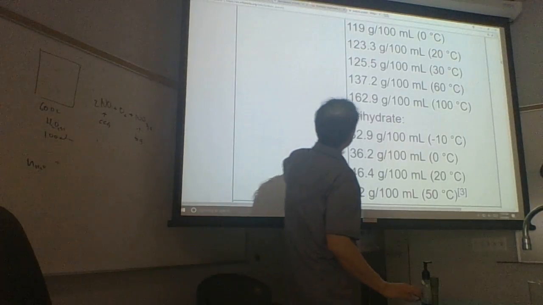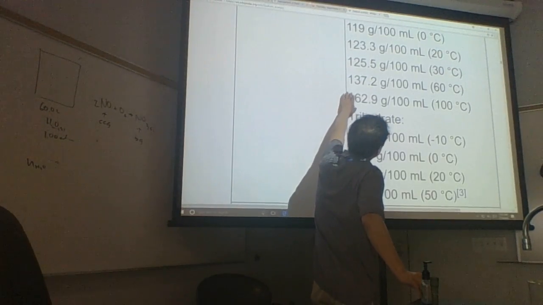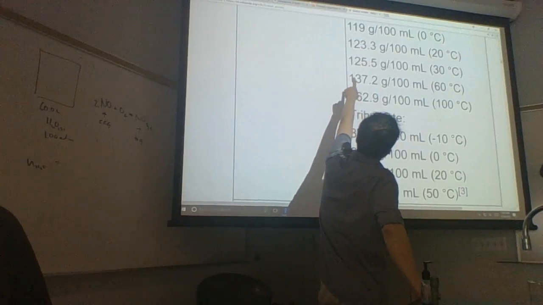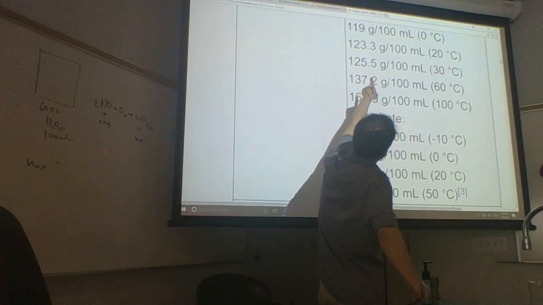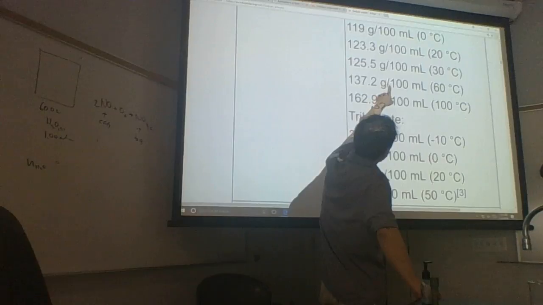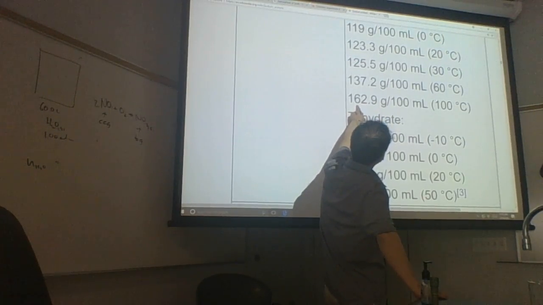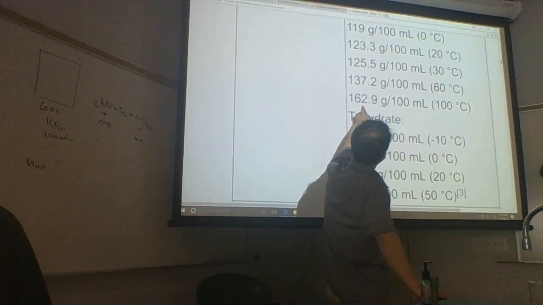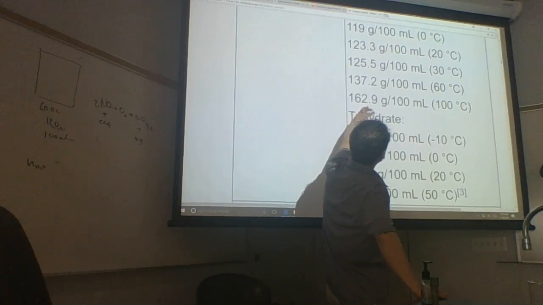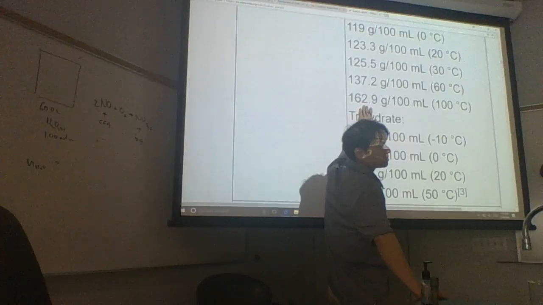At room temperature, around 20 degrees, we could dissolve 123 grams of sodium acetate per 100 milliliters. But if we warm it up to close to 100, you could dissolve 162. And so we're going to have like 40 grams too much.